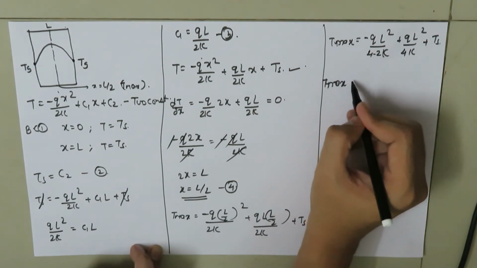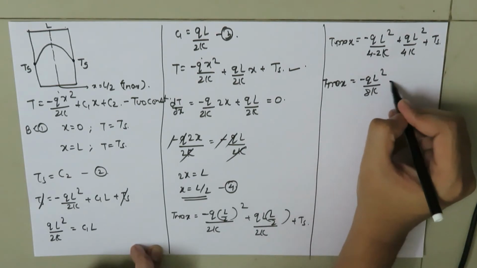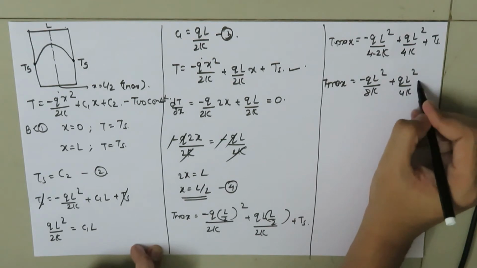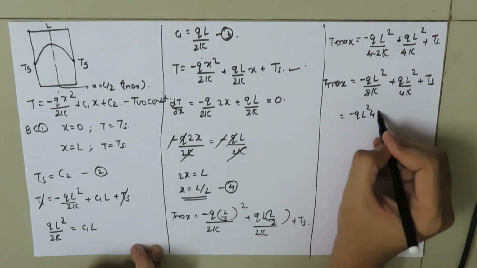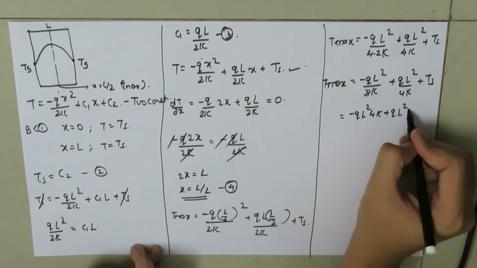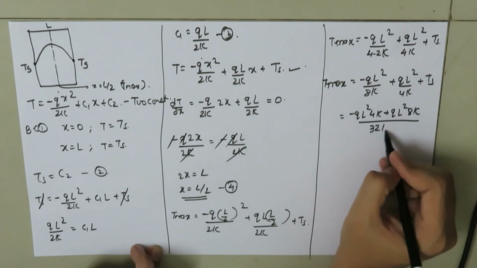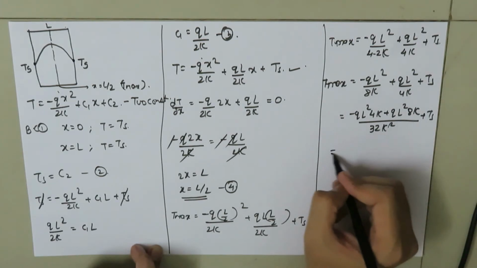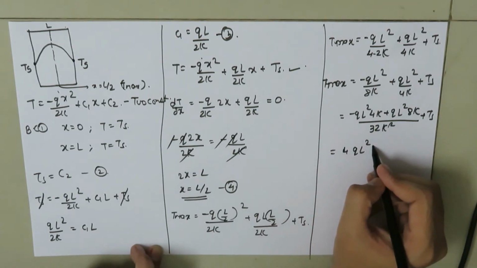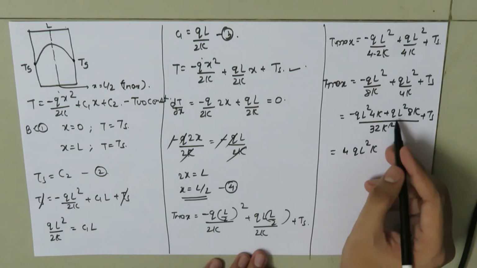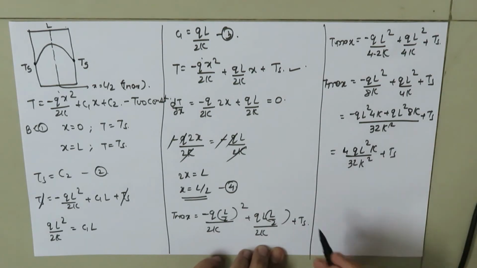So Tmax is equal to negative qL squared by 8k plus qL squared by 4k plus Ts. So this will be negative qL squared times 4k plus qL squared times 8k, divided by 8 fours are 32k squared, plus Ts. This will be 4 times qL squared k divided by 32k squared plus Ts.